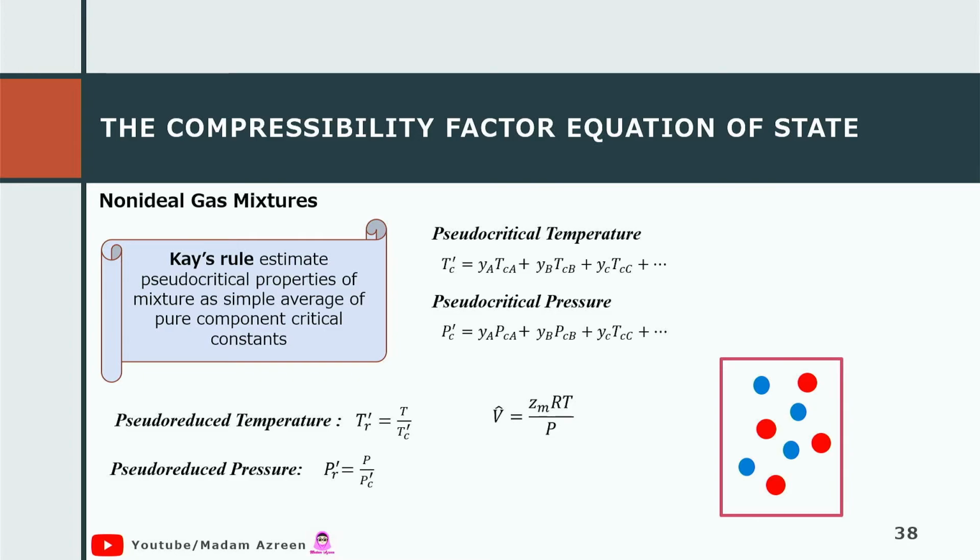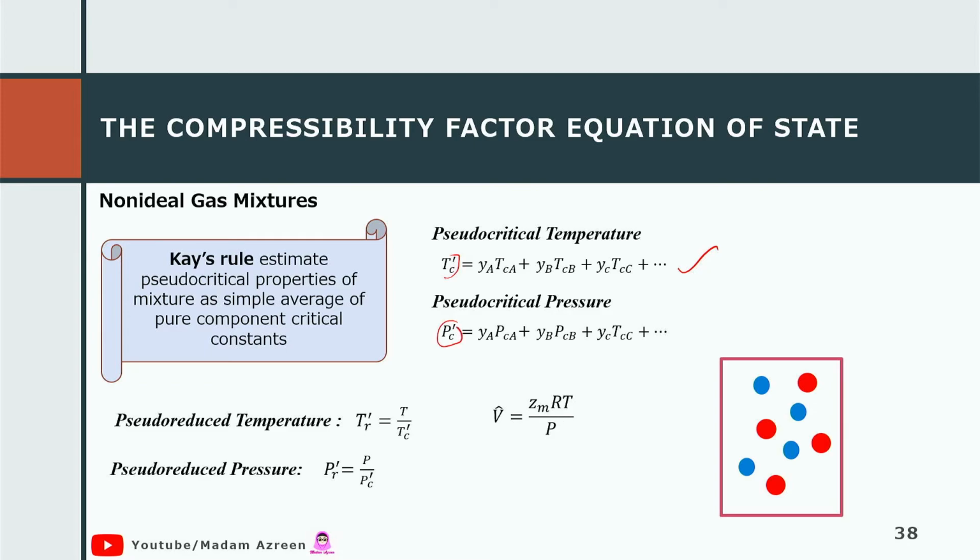Kay's rule estimates the pseudo-critical property of a mixture as a simple average of the pure component critical constants. It's okay, you don't have to memorize that. It's enough for you to understand that you need to use this equation for the critical temperature and this equation for the critical pressure.